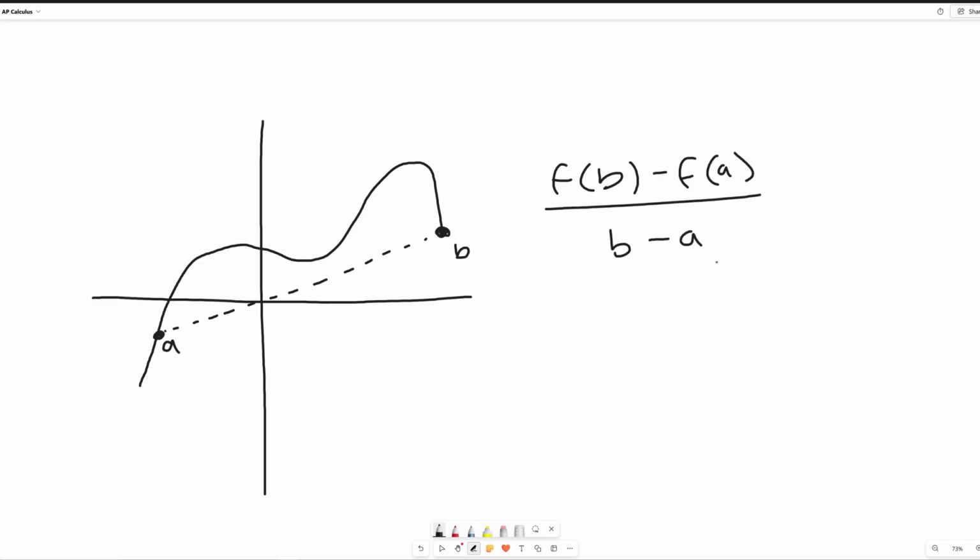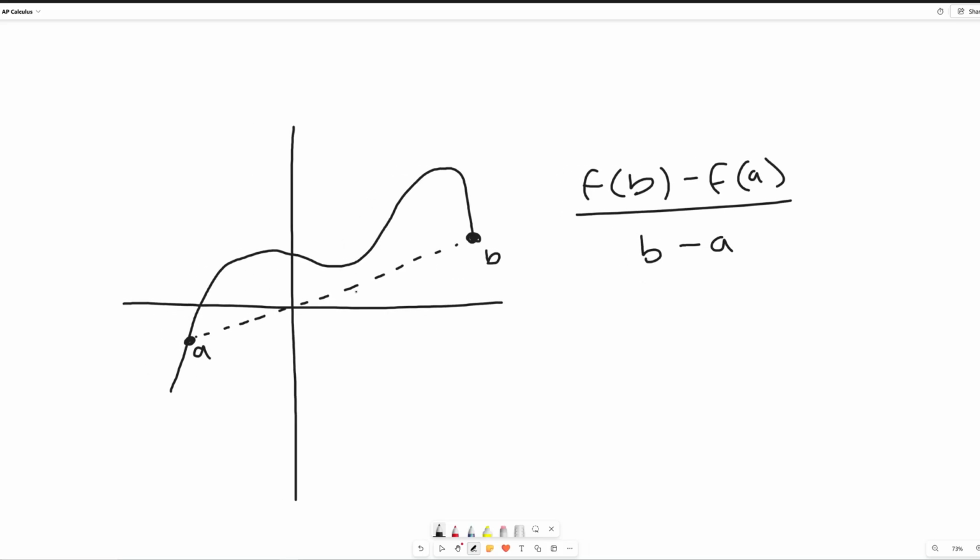Now, what MVT says is that on a differentiable interval between A and B, f of b minus f of a over b minus a must exist as the slope of at least 1 point in that interval.